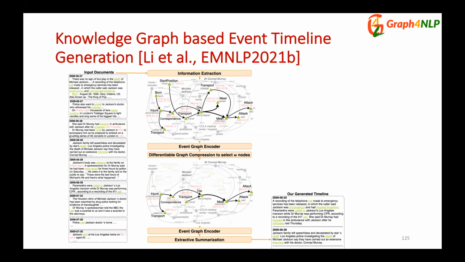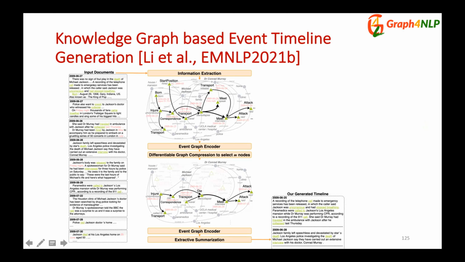Your input is the document, and can you provide more details on how you build this knowledge graph ontology, and how you start? For these input documents, first of all, we assume they are about one complex event. So we need to do some sort of complex event clustering first. For example, these are about Michael Jackson's event, I think.